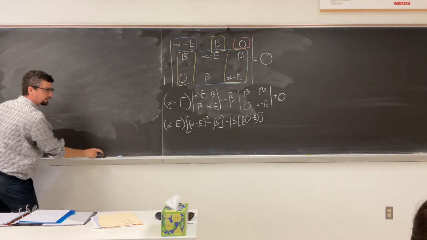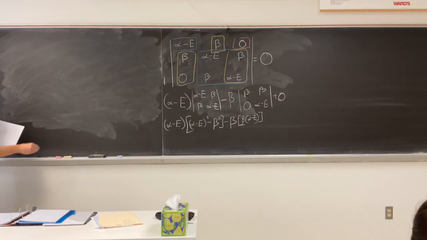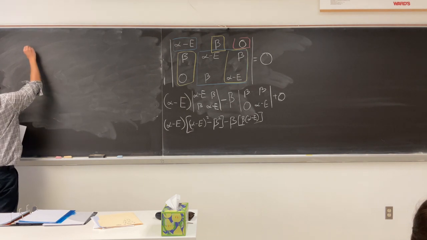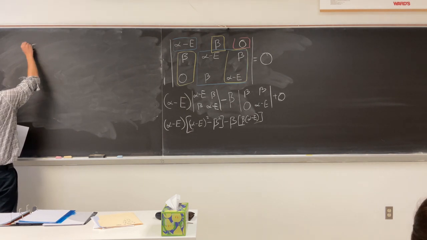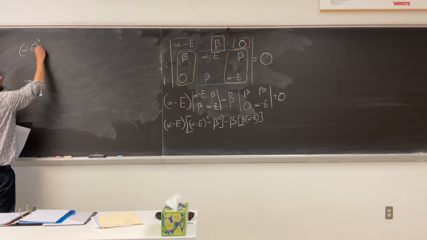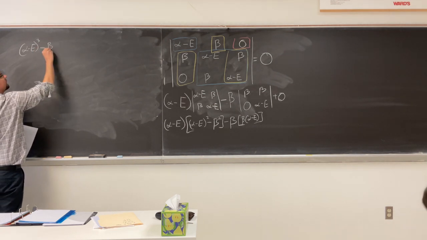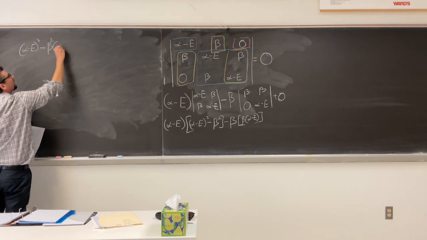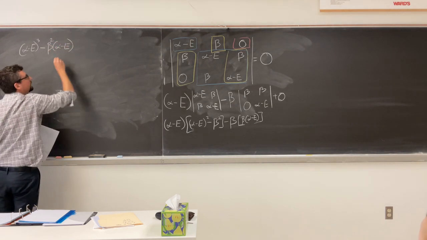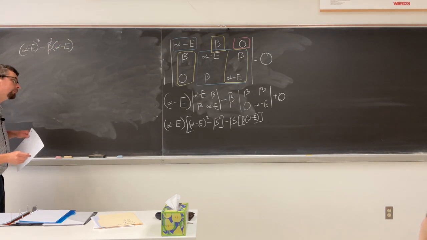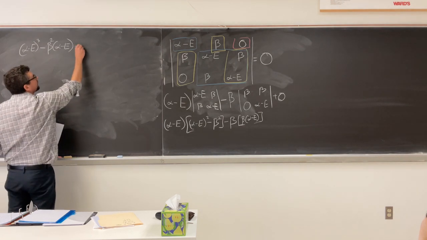Okay, let's multiply stuff through, combine like terms. We got alpha minus E cubed minus beta squared E. What else do we got?